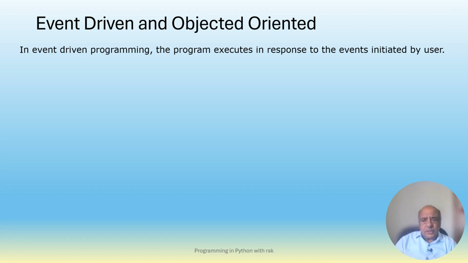The user can intervene in those programs only when a statement for inputting some values appears in the program. In event-driven programming, nothing happens till the user initiates an event through keyboard or through mouse.